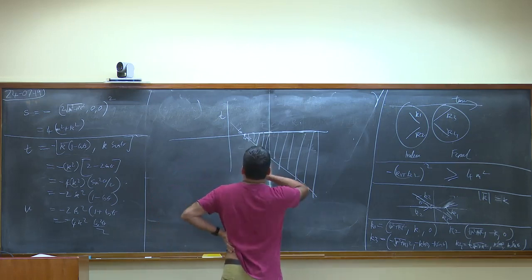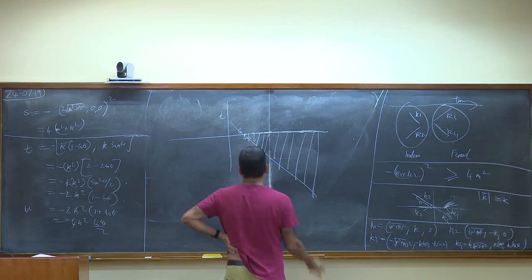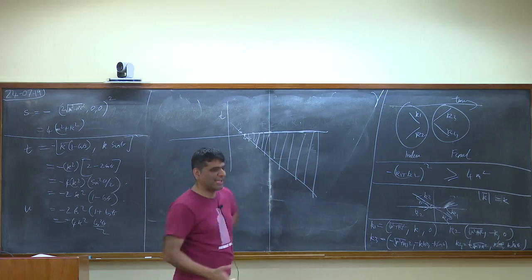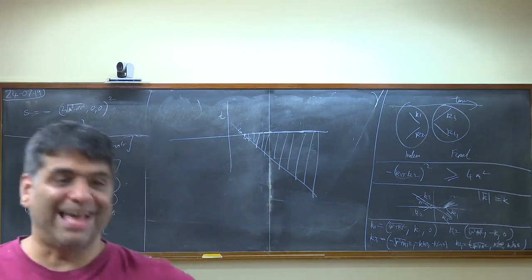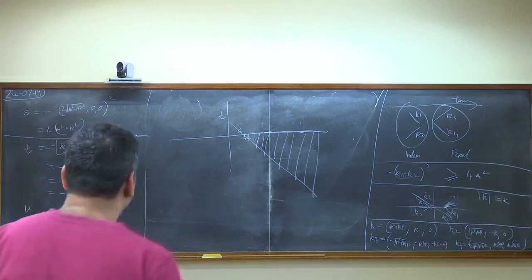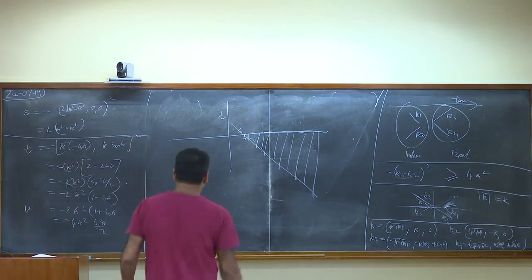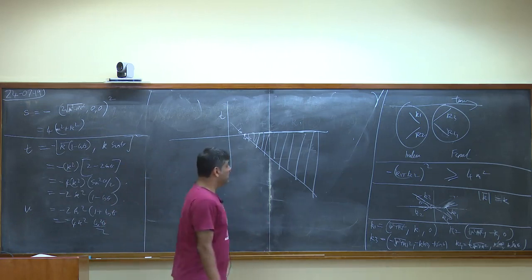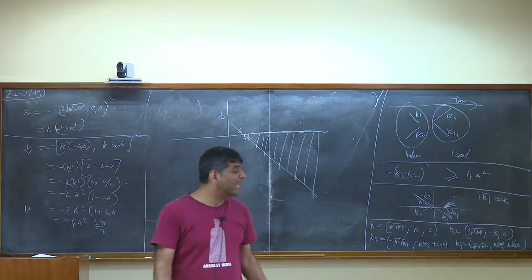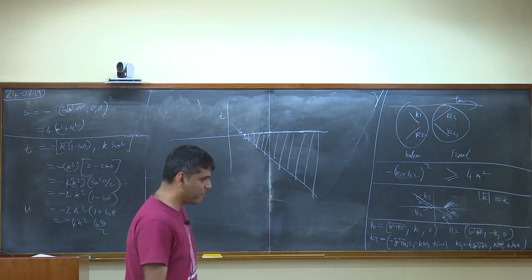I'm saying that S plus T cannot be smaller than 4m squared. Of course you just see that from those expressions. Now that's great. This is what happens when k1 and k2 are the initial states.